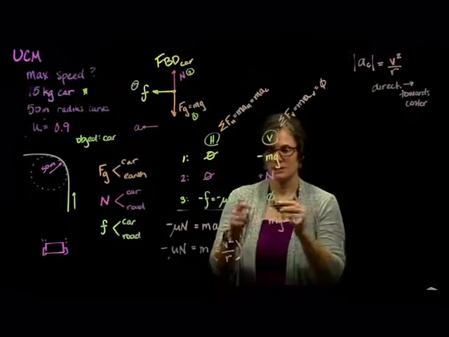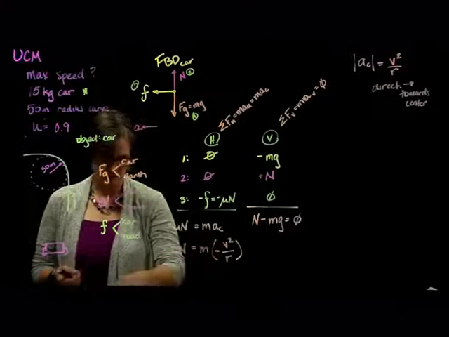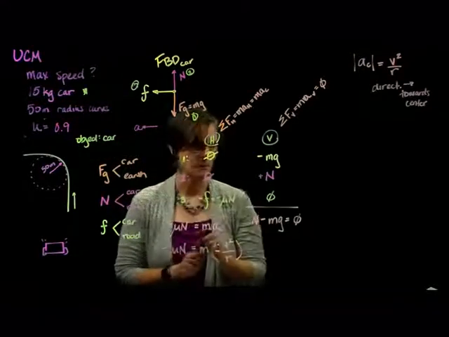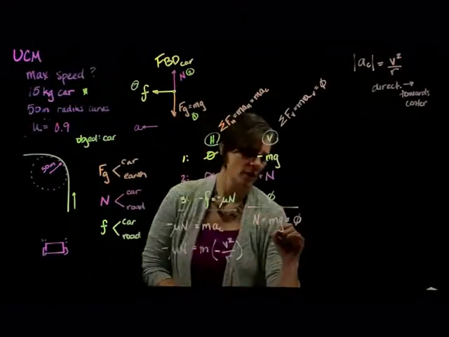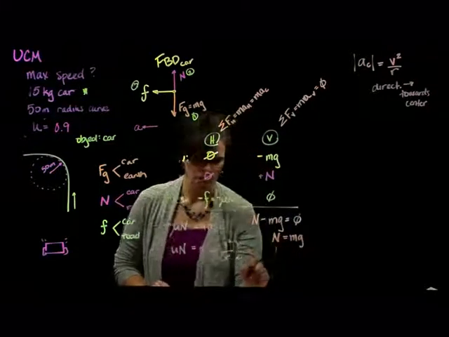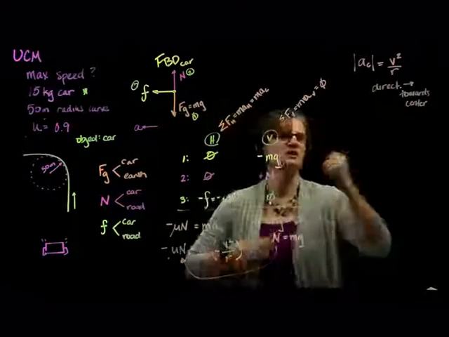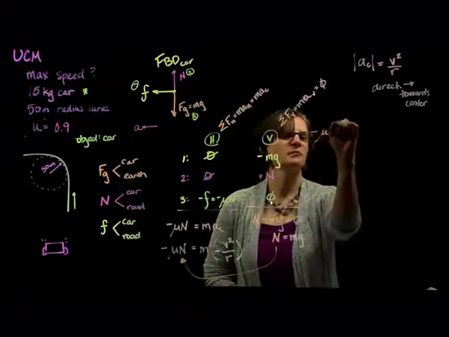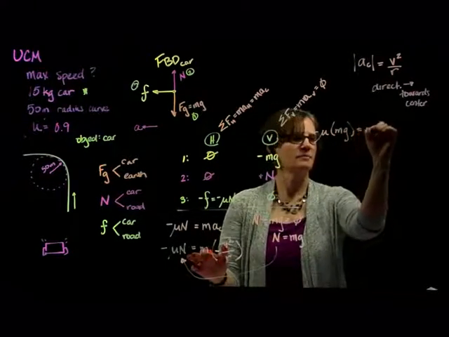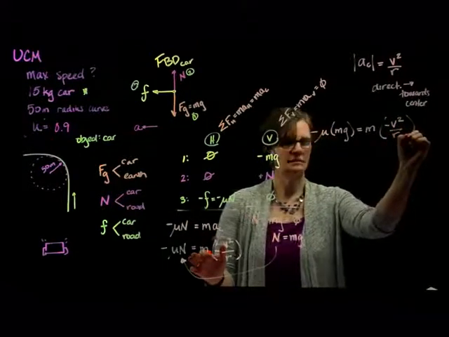All right, so we are interested in determining the speed squared, so we can then get the speed. That was the question. We also know that our normal force is equal to mg, so we're going to put that in for our normal force. I'm just going to shift this whole relationship over here. We have minus mu times mg equals m times minus the speed squared over the radius.